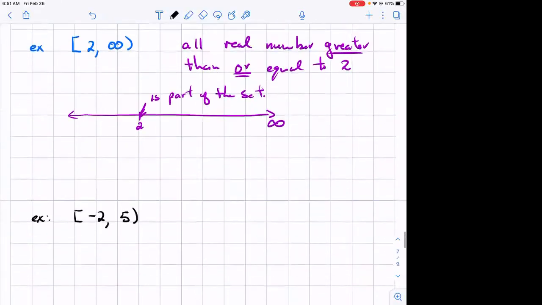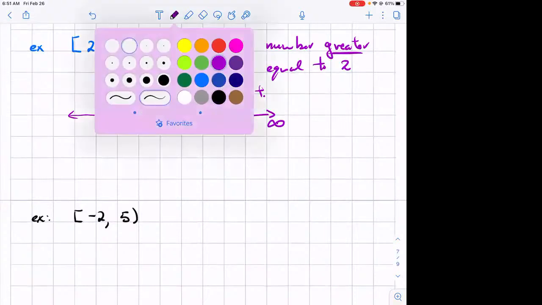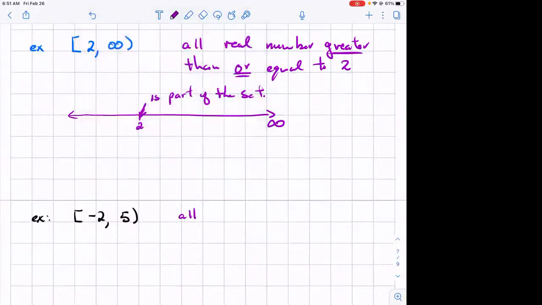So let's finish up this one here. This consists of all real numbers between -2, including -2.